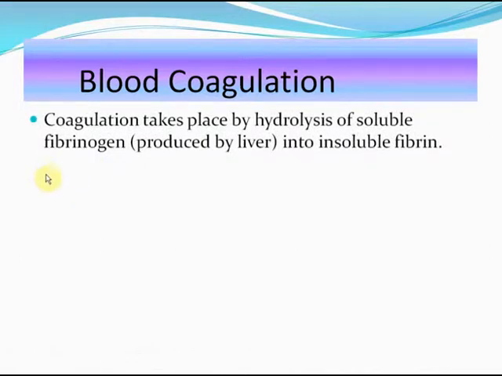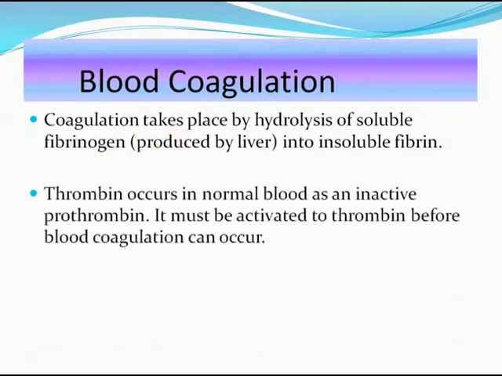The first step is that the overall coagulation of blood takes place by hydrolysis of soluble fibrinogen into insoluble fibrin. This step is initiated by an enzyme, thrombin, that occurs as an inactive form, prothrombin, in the blood.